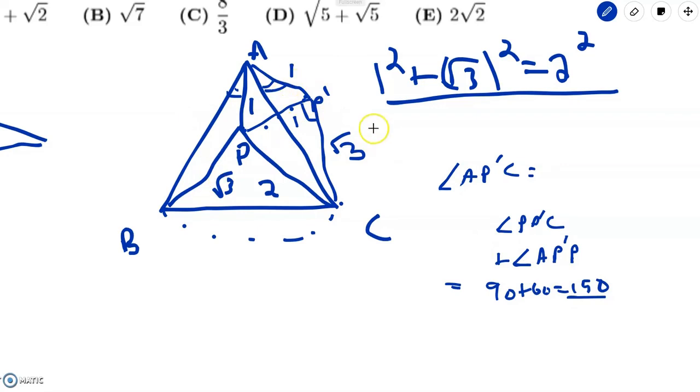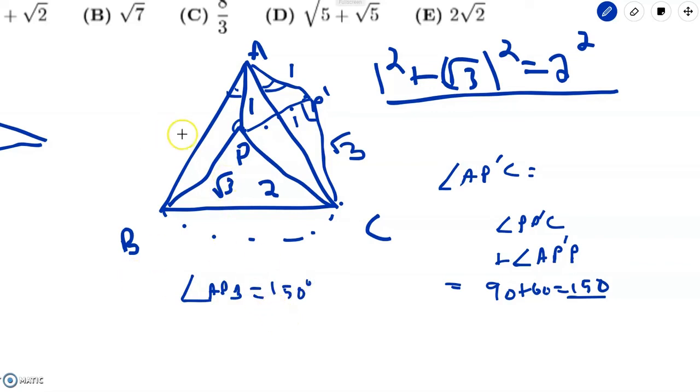We rotated this triangle, so all the lengths were the same, which means all the angles were the same too. So if AP prime C is equal to 150 degrees, that means APB is also equal to 150 degrees.